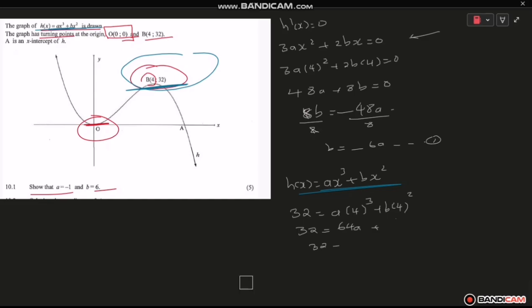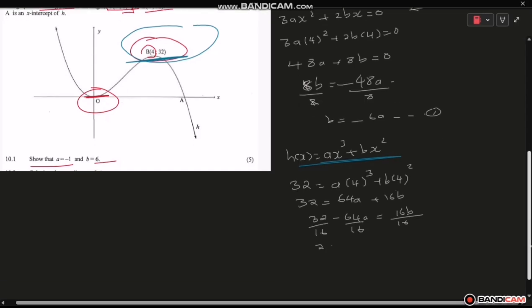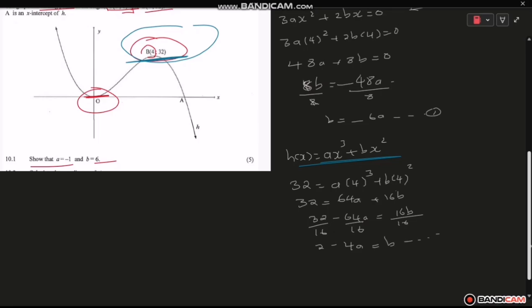That makes 16b, not 8. Sorry about that. Minus 6a: 32 equals 64a plus 16b. We divide both sides by 16 to make b the subject of the equation. So here we're having 64 divided by 16, we're going to have 2 minus 4a equals b. Then this is our second equation.